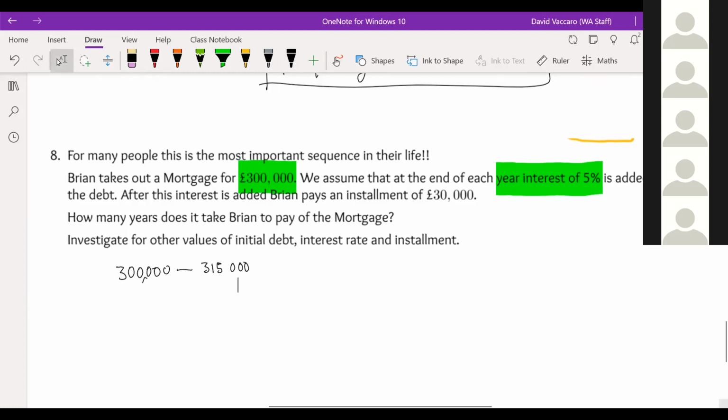But mortgage providers and people who make debts don't like this idea of a debt just getting bigger and bigger. Okay, so Brian is instructed to pay some money, and he pays £30,000. So we now take £30,000 off the debt, and that takes us down to 285,000.